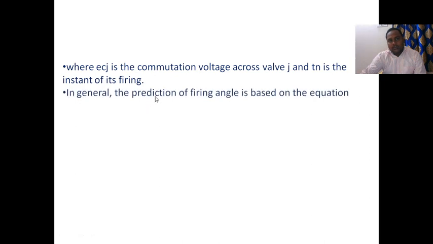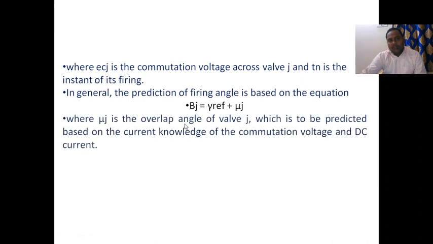In general, the prediction of firing angle is based on the equation Bj is equal to gamma reference plus mu j, where mu j is the overlap angle of valve J, which is to be predicted based on the current knowledge of the commutation voltage and DC current.